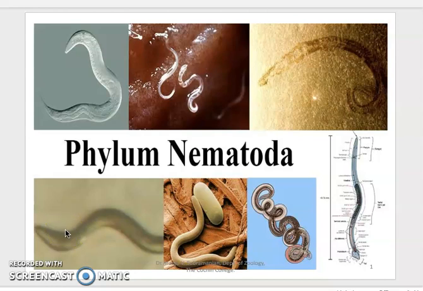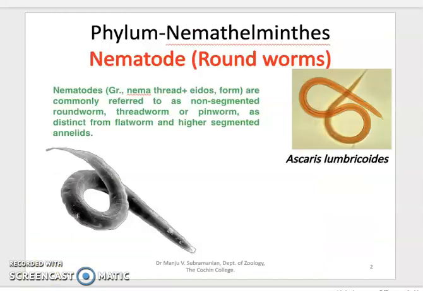They are very common in freshwater, marine, and terrestrial environments, where they often outnumber other animals in both individual and species counts, and are also found in locations such as the oceanic trenches. So everywhere you can see this type of nematode worm.